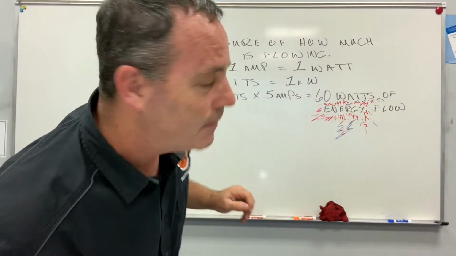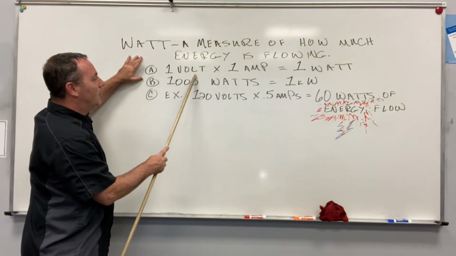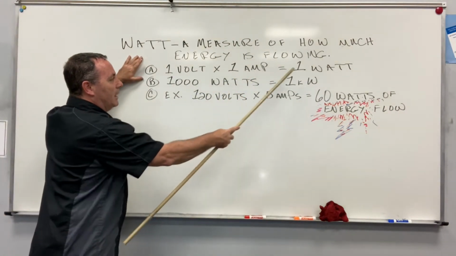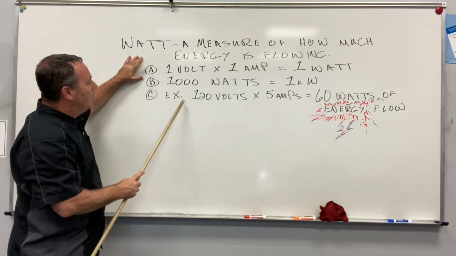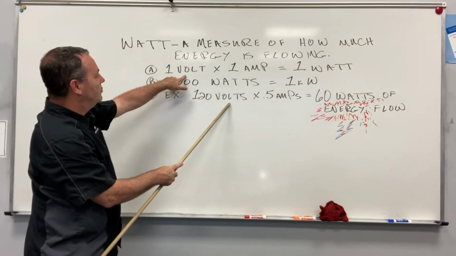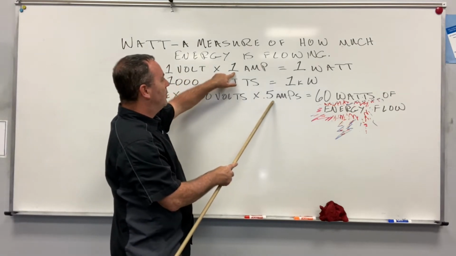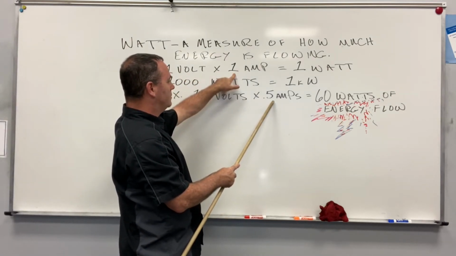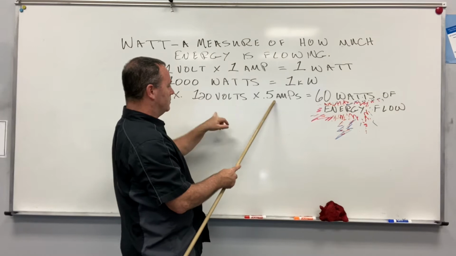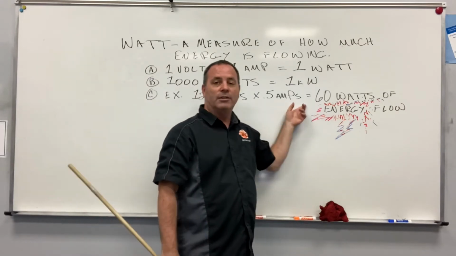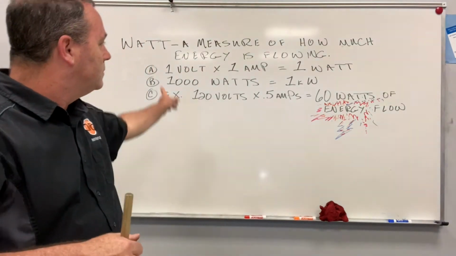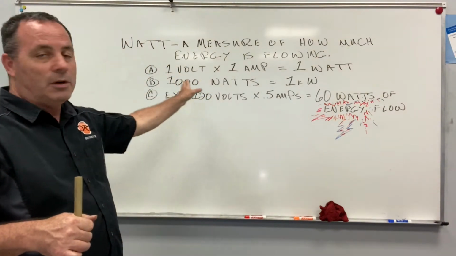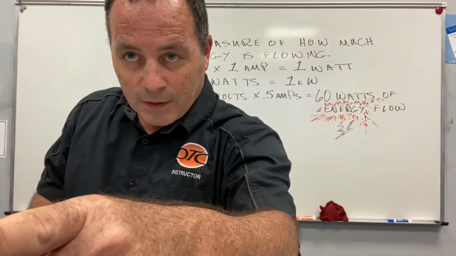Did I lose you? 1 volt times 1 amp equals 1 watt. So 120 volts times 0.5 amps equals 60 watts of energy flow. Amps times volts equals watts.